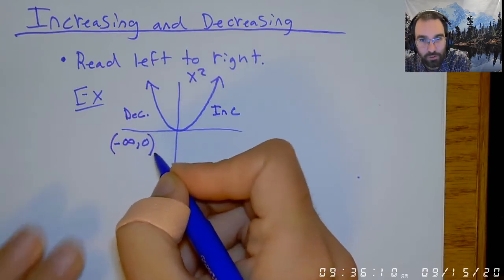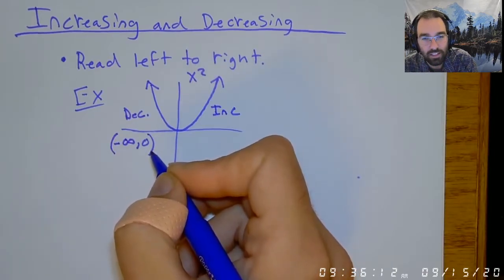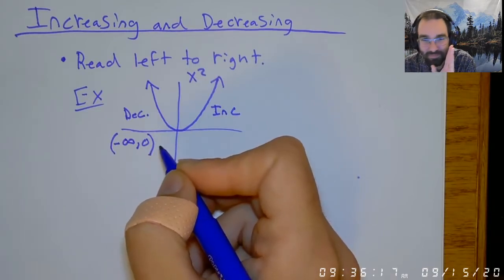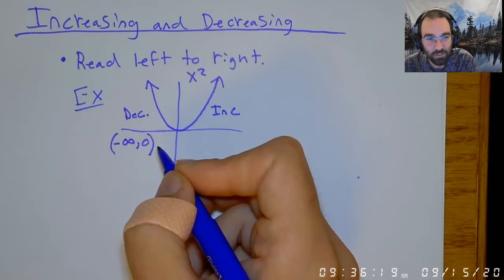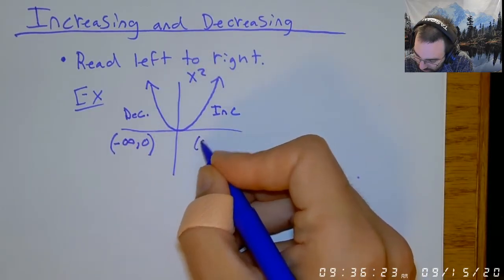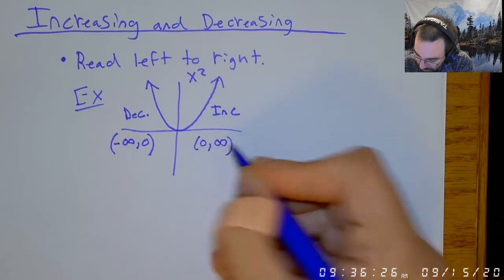I'm not going to include 0 in AP Calc. Some people might include 0, but it's a critical point, so it's not increasing or decreasing. You don't need to know that right now. And then increasing, I'm going to go from 0 to infinity.